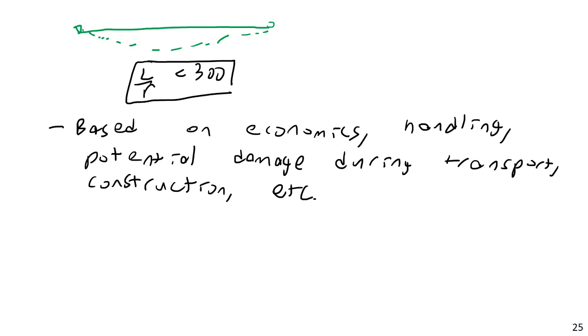Anyway, the point being, the longer members get, both in raw length and more importantly relative to their radius of gyration, to their stoutness, basically, you end up running into problems with damage, transport, construction, etc. When we get into compression members, we will actually start calculating limitations on L over R ratios.